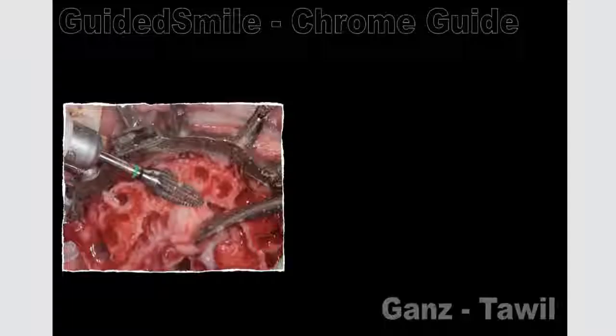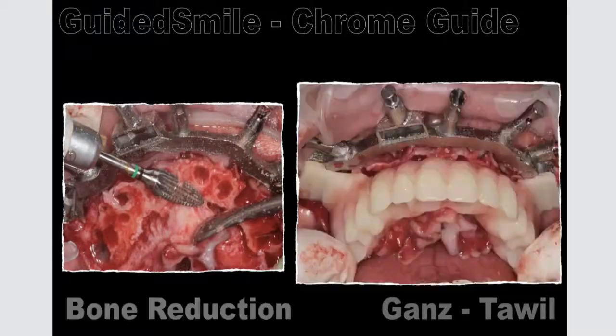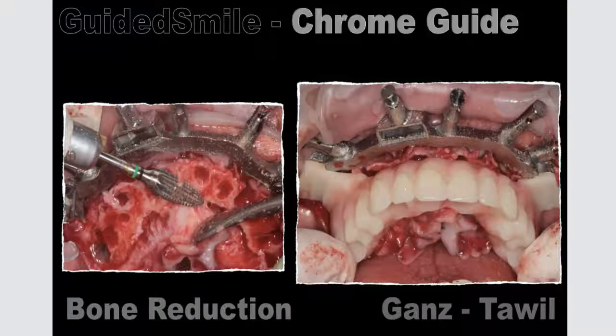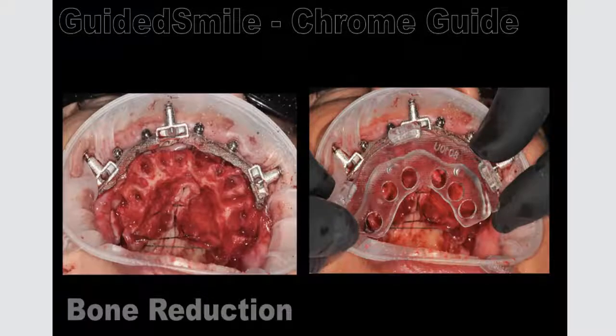From there we will have a nice, clean, flat surface, and we're going to place the restorative result, the temporary prosthesis, and make sure that it snaps in, allowing us to go from implant placement to restorative placement, again accurately seating on a stackable guide.